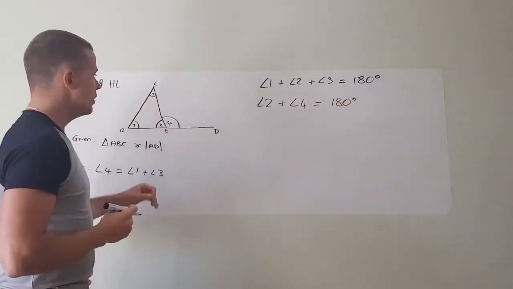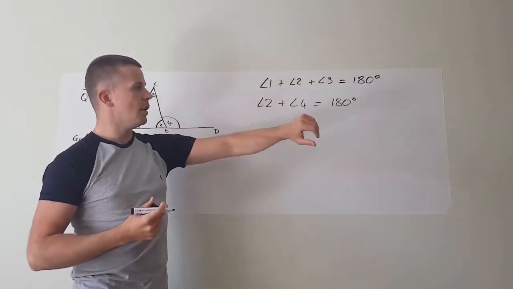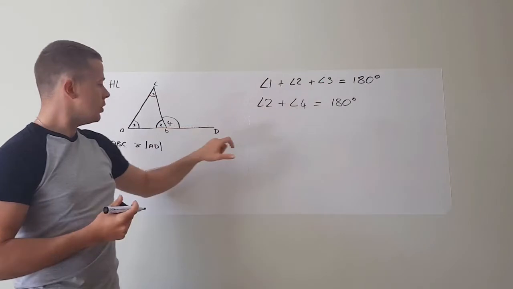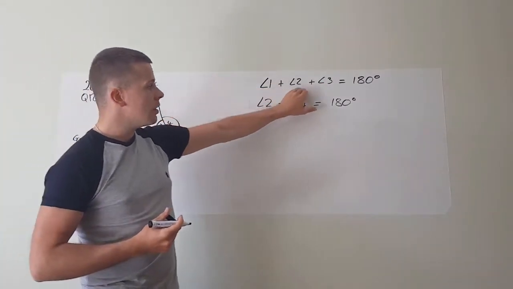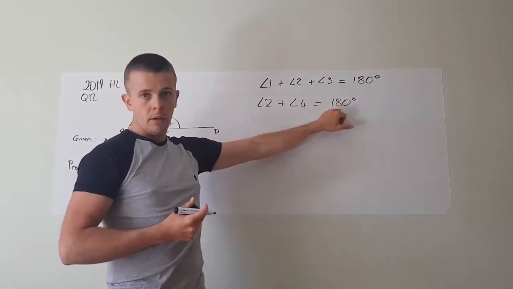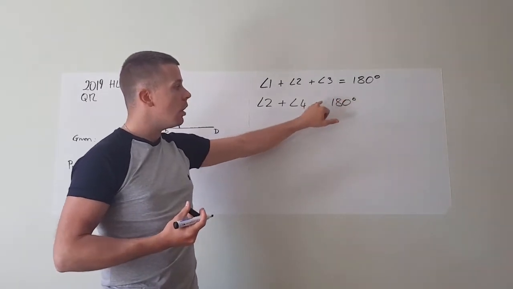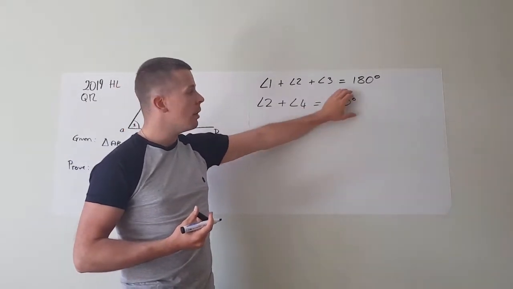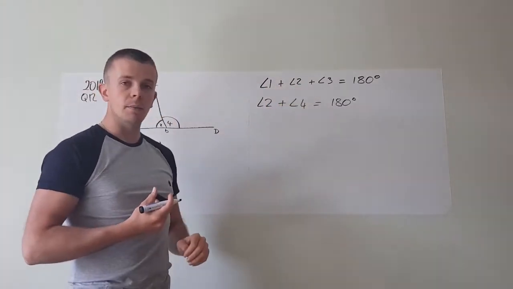So in a triangle, the three angles added together give 180. On a straight line, these two angles also add to give 180. So if these three add to give 180 and these two add to give 180, both of them equal 180. So what I can do now is sub out the 180 and sub in the angles themselves.